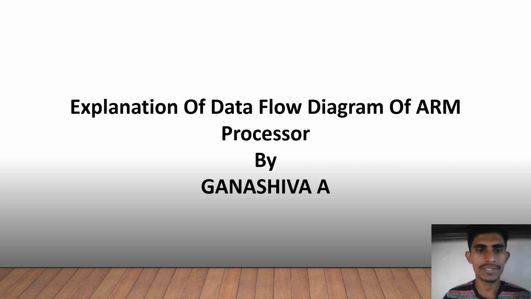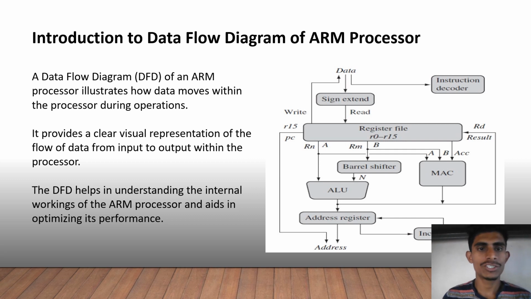Today we're going to discuss the explanation of the data flow diagram of the ARM processor, and an introduction to it. A data flow diagram of an ARM processor illustrates how data moves within the processor during operation, how the data will be forwarded inside the registers, and how the processor and the process will occur.